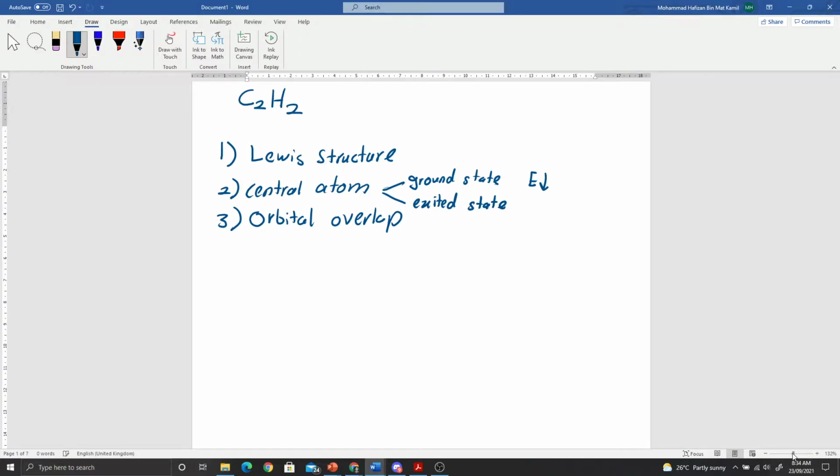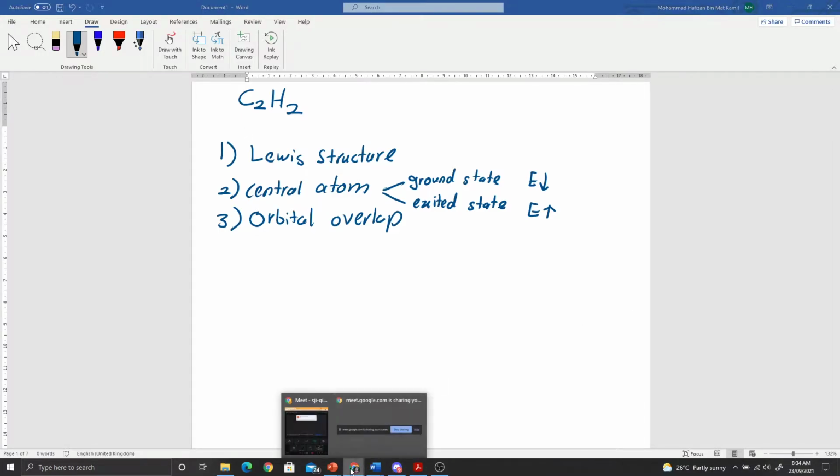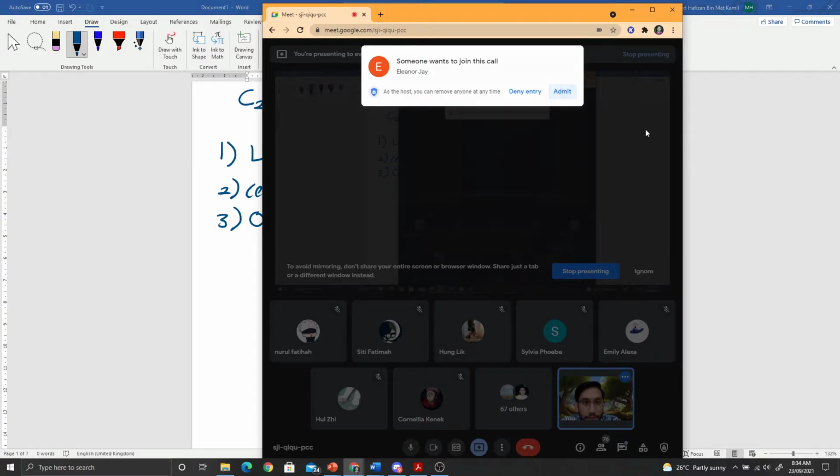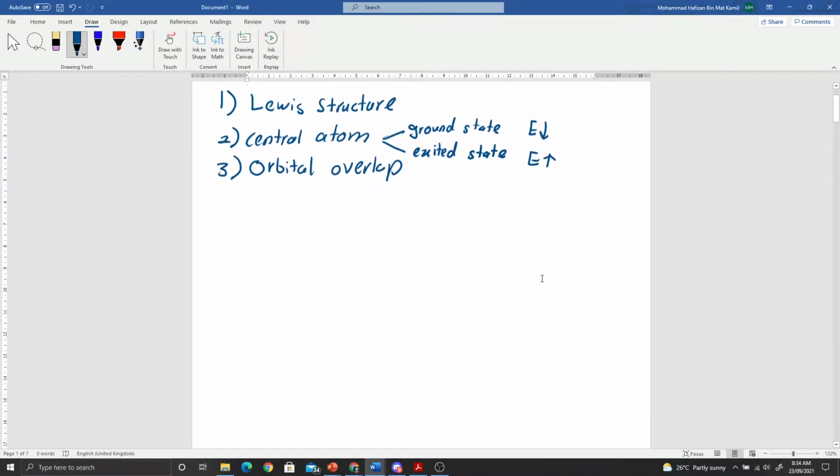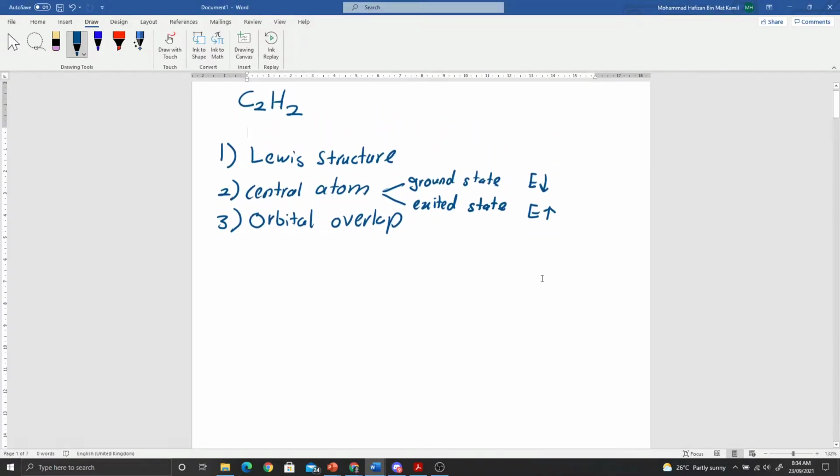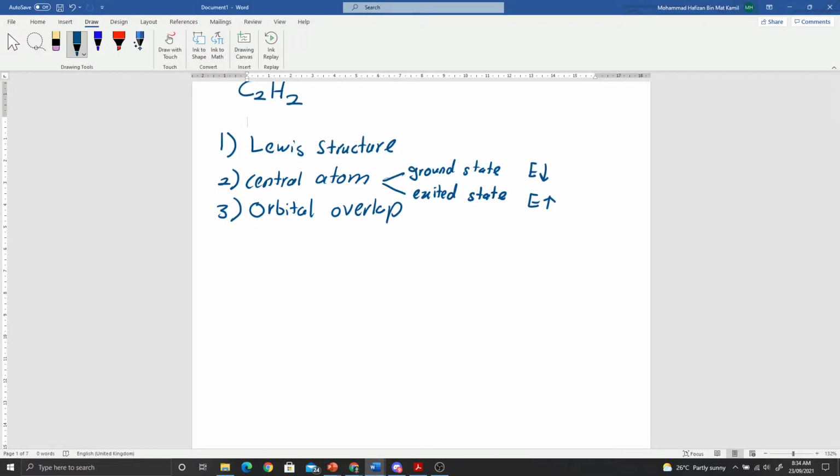Okay, excited state is the higher energy, and less stable. Okay, later we will look at it. So, what are the things we have to do to describe the hybridization process? Okay, so let's do the first one first. So Lewis structure.